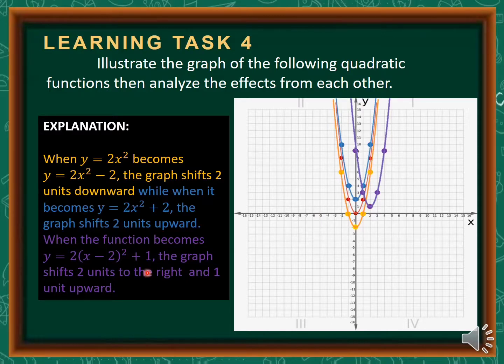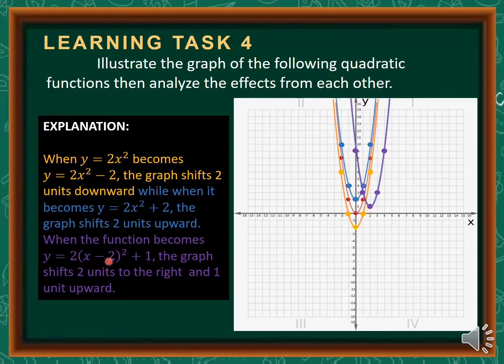Yes, kapag po ang value ng h ay positive. Since the value of h is positive, kasi ang value ng h natin dito is 2. Tama? If the value of h is positive, it will move to the right. How many units? Depende po sa numerical value nung ating h. Since ito ay 2, 2 units to the right.